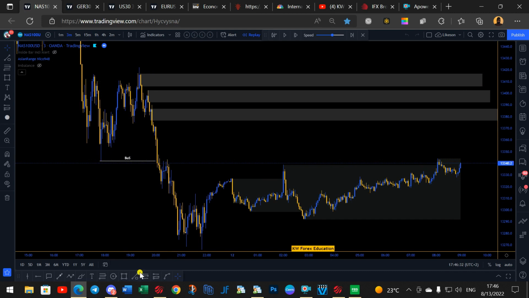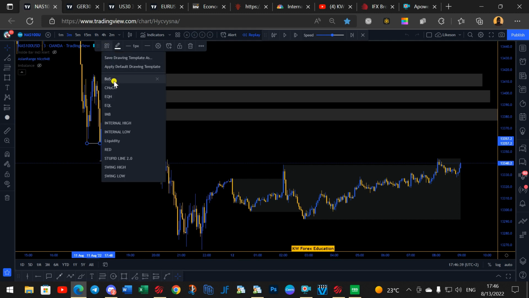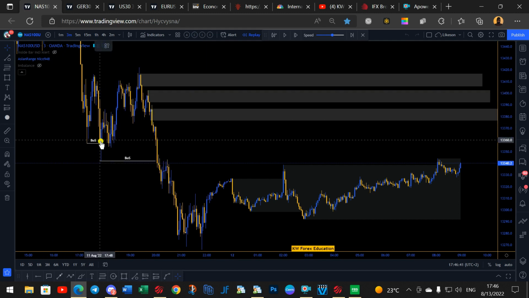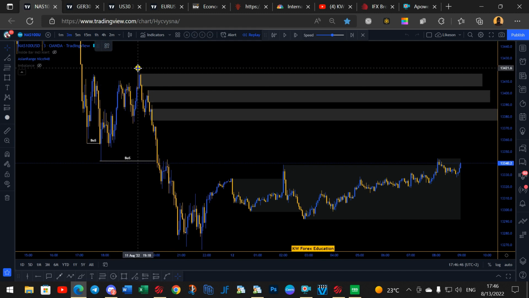price gave us another break of structure here. Price gave us another break of structure there, and then it went up, and then it broke out that to give us a change of character, right?